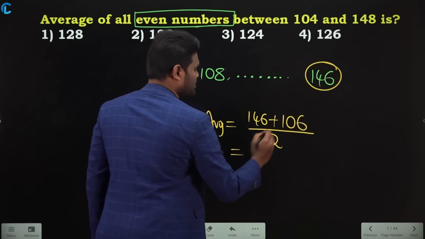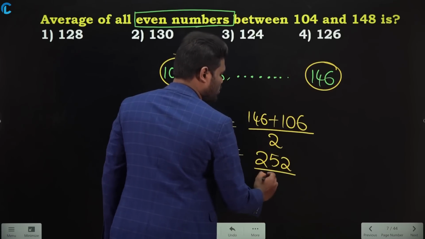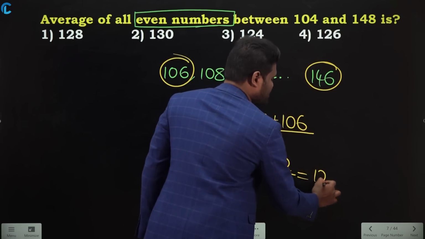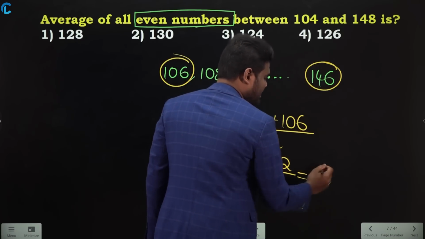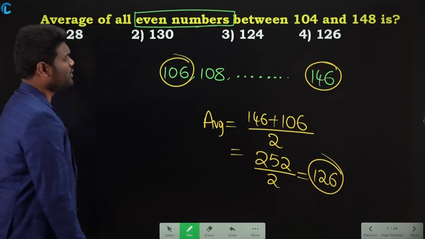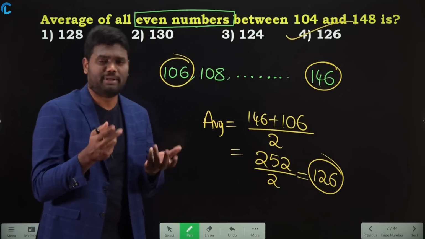So when you add both these numbers, it is going to be 252. Now 252 divided by 2. So how much? 2 12 times it is going to be 24, and you're left with one remainder. So that is like 2 6 times it is going to be 12, which means the answer is going to be 126. Yes or no? Very simple and basic question.